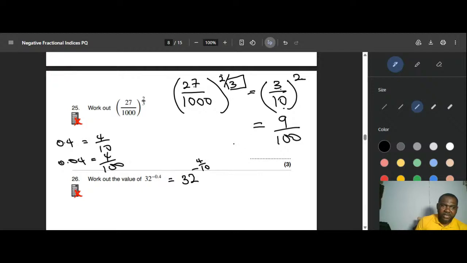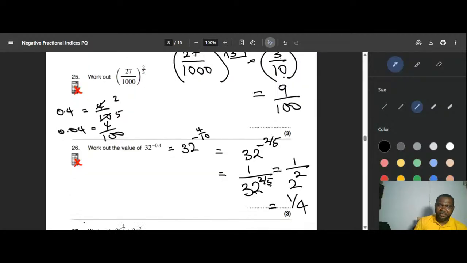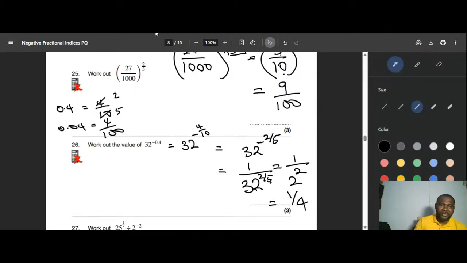So 2 will go here, 5 here. So this will now be written as 32 raised to power minus 2 over 5. If I want to remove the negative sign, it's going to be 1 over 32 raised to power 2 over 5. The fifth root of 32 is 2. So 2 raised to power 2. So the answer is 1 over 4. If you got 1 over 4 correctly, you got the answer.